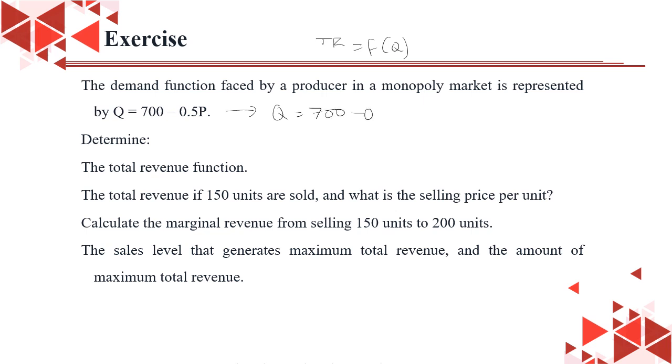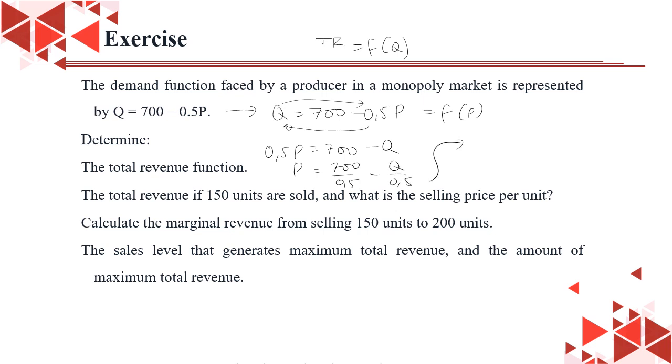This one is actually a function of P, and we need a function of Q. So change the position: this goes to the left first, so 0.5P, and the Q goes to the right side, 700 minus Q. Then P is 700 over half minus Q over half.